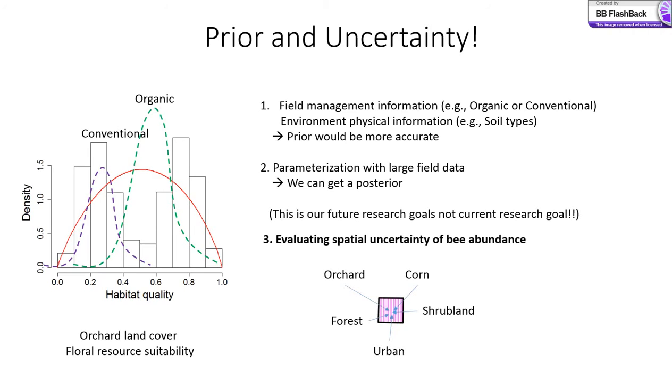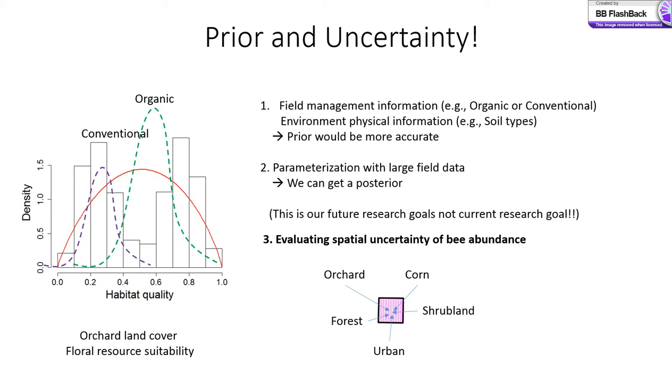Our current goal is to evaluate the spatial uncertainty of bee abundance using our currently combined or aggregated knowledge. Using the current survey, we focus on evaluating the amount of uncertainty of bee abundance as well as the bee abundance estimated from the model.